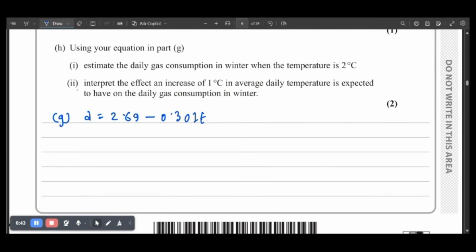Now for part H, we have to estimate the daily gas consumption, which is D, when temperature is 2. So we will use this equation, and we will input 2 in place of T. This will give us the daily gas consumption.